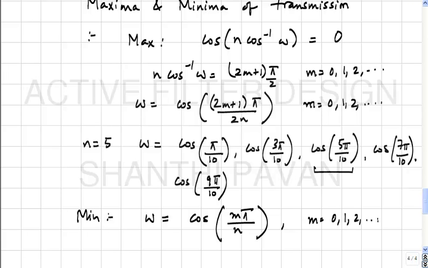So when you want the minimum of transmission, Cn must go to its maximum, right? And vice versa. Alright, so this is easy to compute. All that I am saying is, once you know n, you find that.